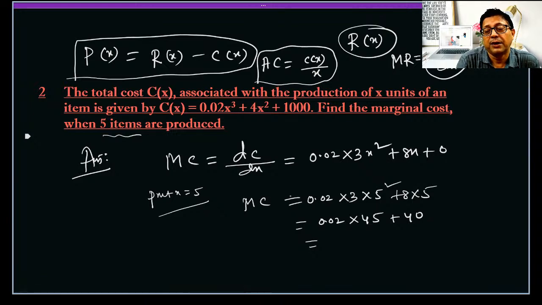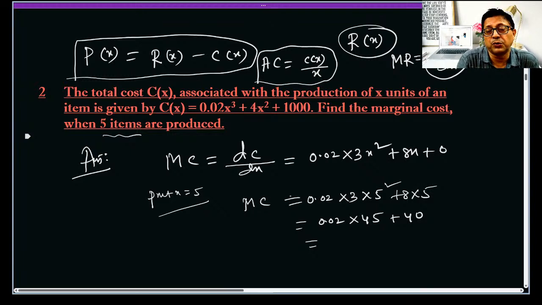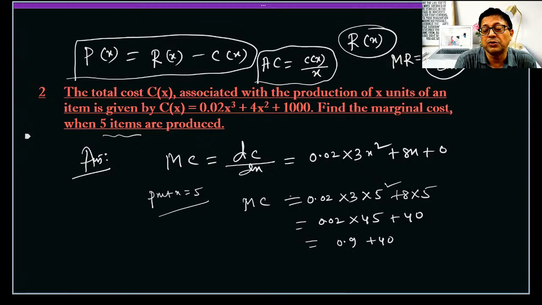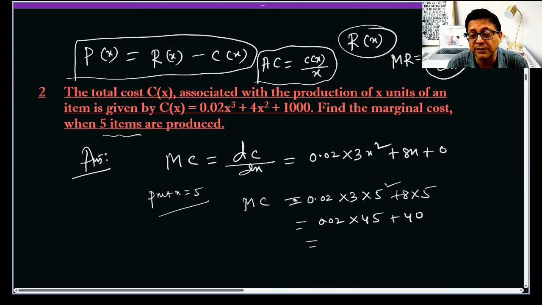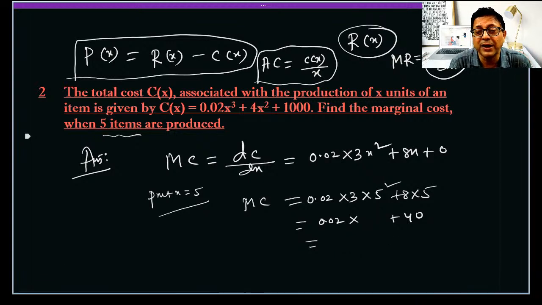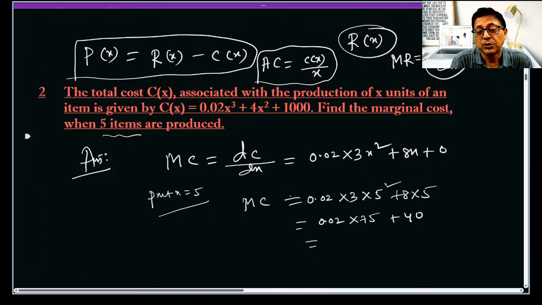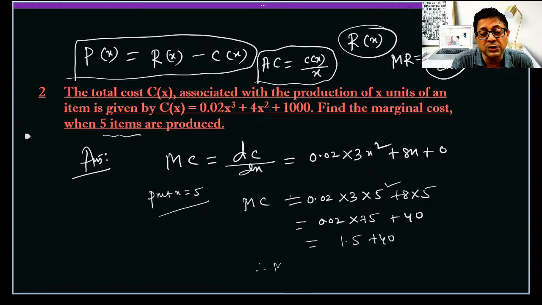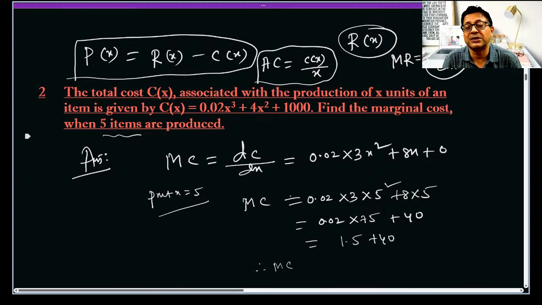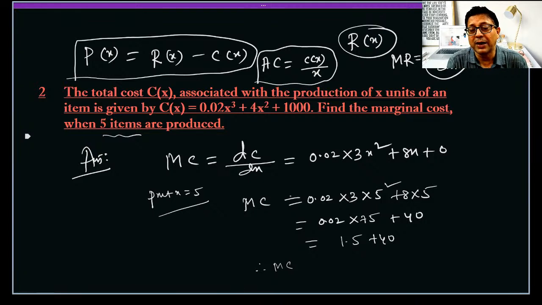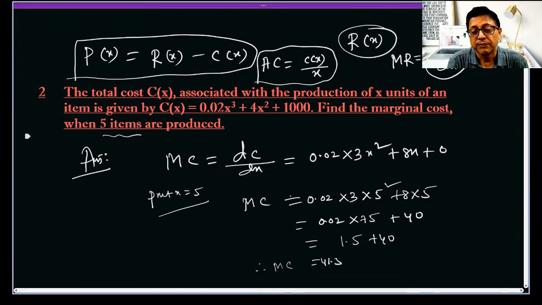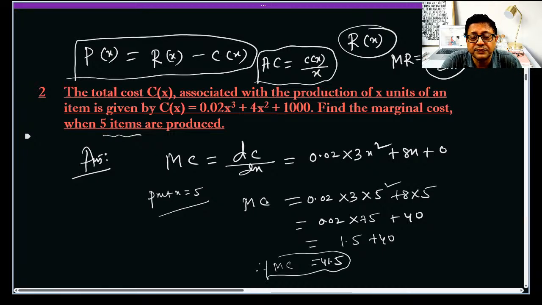I mean 45 into 0.02, that is 0.9 plus 40. No, this is 75. Sorry, it's my mistake. 25 into 3, no, this will be 75. So this is 1.5. So marginal cost, the rate at which cost is changing, it is given by 41.5. Clear?